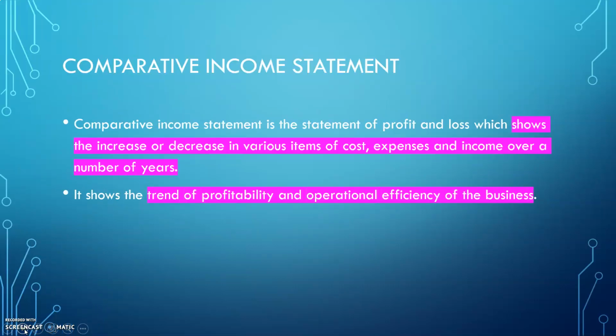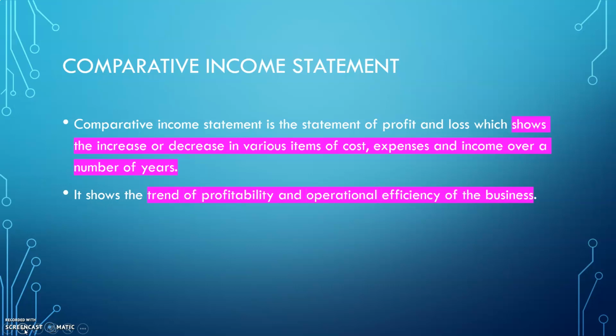So a comparative income statement is the statement of profit or loss which shows the increase or decrease in various items of cost, expenses, and income over a number of years, over a period of time. It's a very good example of horizontal analysis, where you will be comparing the figures of different periods to arrive at conclusions.